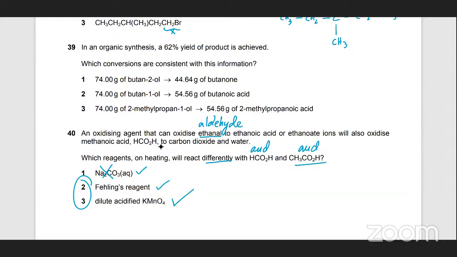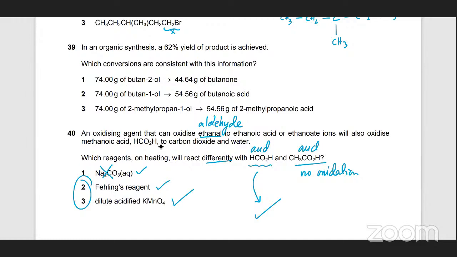Ethanoic acid we did not study, there is no oxidation. But he's saying that methanoic acid is going to get oxidized. Hence 2 and 3 are the correct options. Okay, clear? Yes, sir.